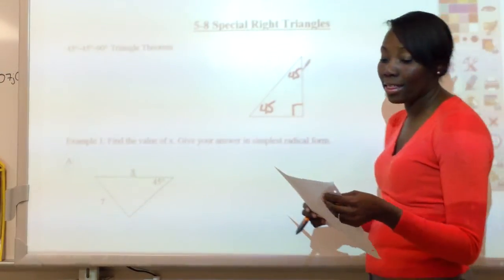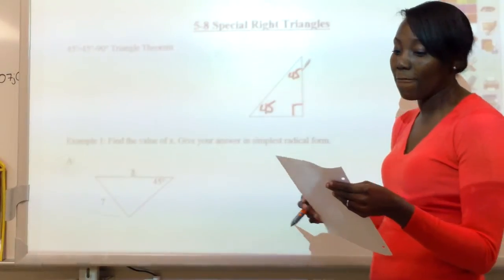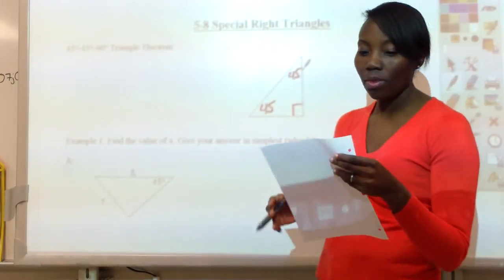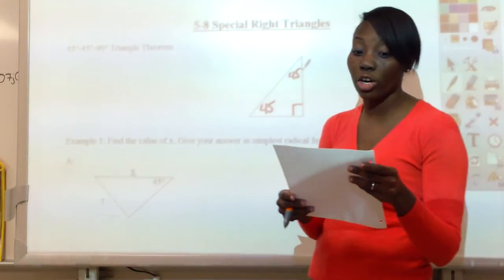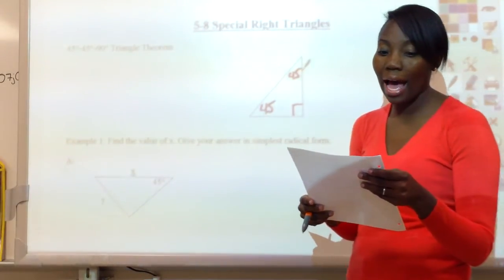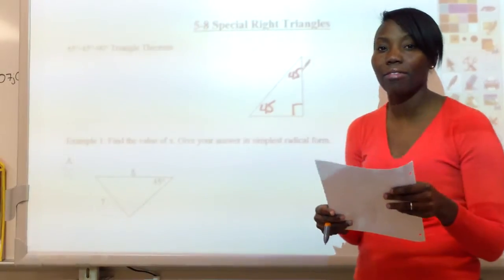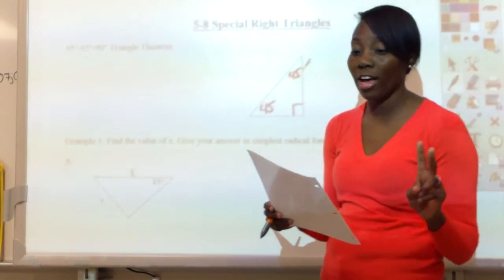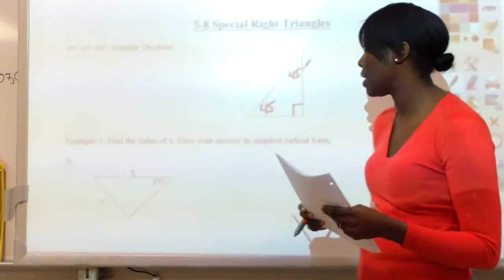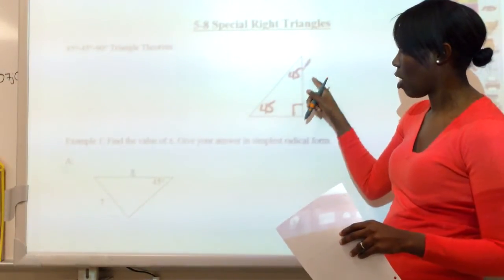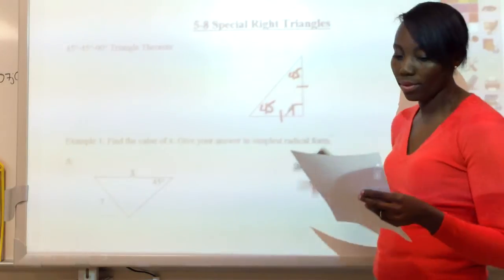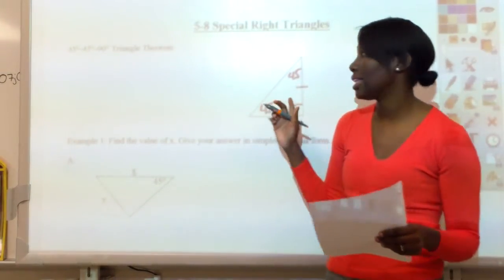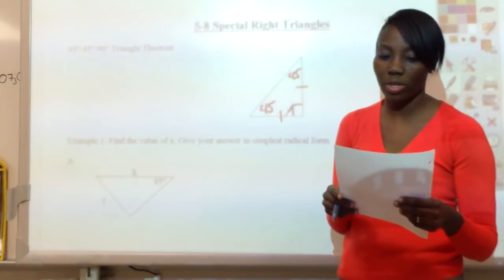90. And the theorem basically says in a 45, 45, 90 degree triangle, both legs are congruent and the hypotenuse is the length of the leg times the square root of 2.